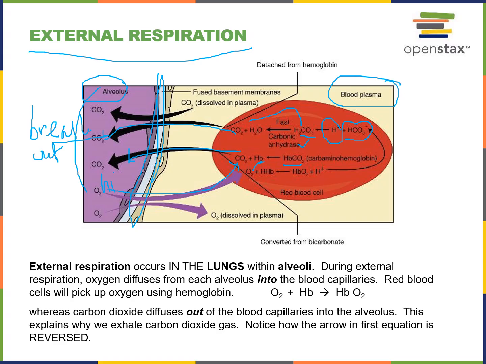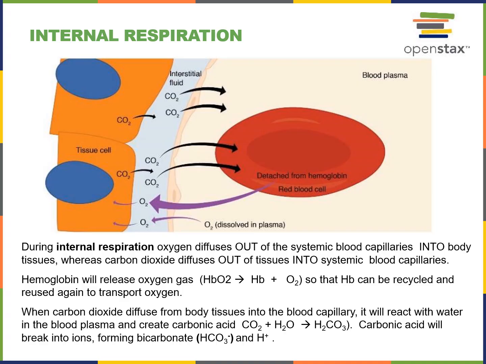So in external respiration, oxygen is loaded into the red blood cells and binds to the iron in hemoglobin. Carbon dioxide is unloaded from blood, diffuses into the alveolus, and we breathe that out. So that's the bottom line of what happens in external respiration.